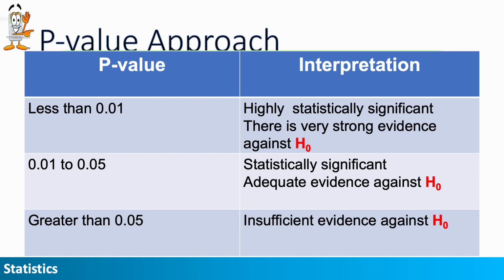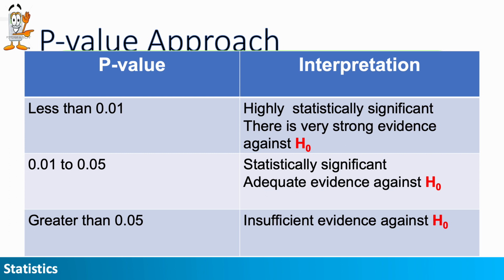If it's greater than 0.05, then there is insufficient evidence against the null hypothesis. But be very careful with it. This rule is only applicable to an alpha of 0.05, because usually in research the alpha is 0.05.